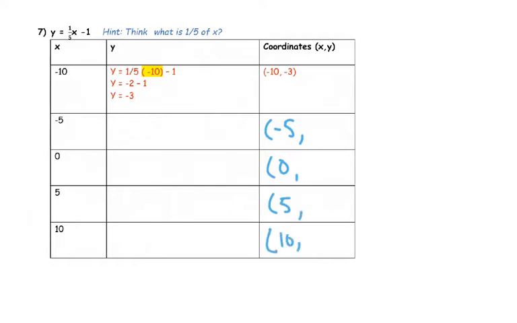And Mrs. Schmiel used numbers that are very compatible with 5. So let's see. Y equals 1/5 of x, which is -5, minus 1. So 1/5 of -5, you just divide -5 by 5. You get -1. -1 minus 1 is -2.